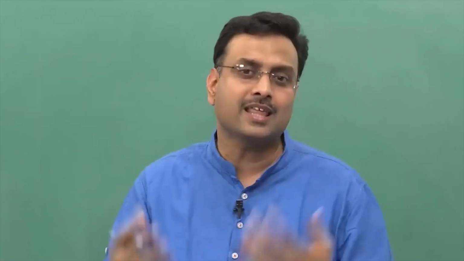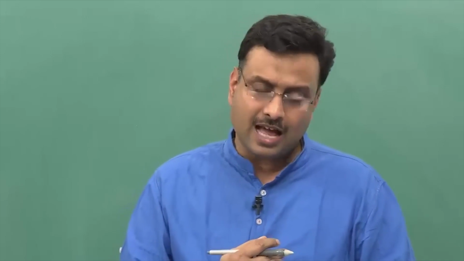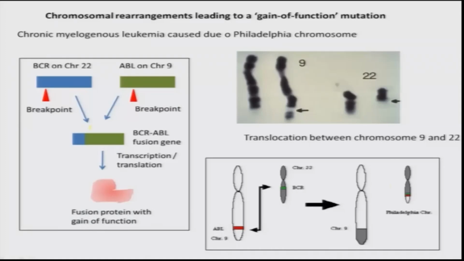So you may have an individual in which it happens in a somatic cell, but it could happen again in another individual. It is not transmitted, it happens again and again, it is a recurrent event, and it happens because of certain structural features of the chromosome. It happens between chromosome 9 and 22. But when it does happen, what happens? You have a fusion gene, meaning the BCR is driving the ABL gene.